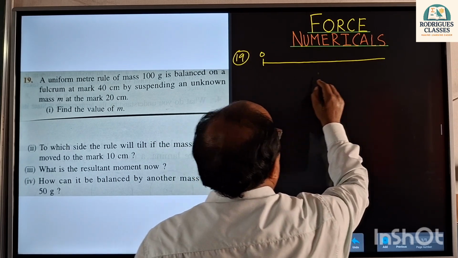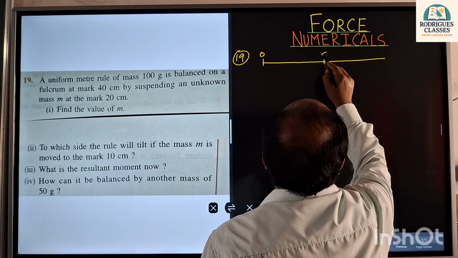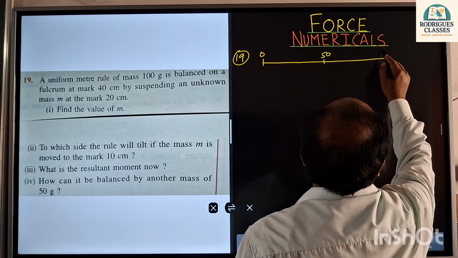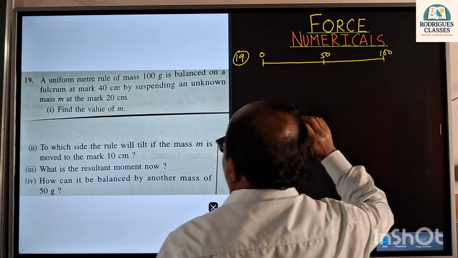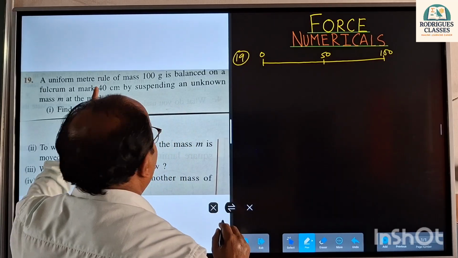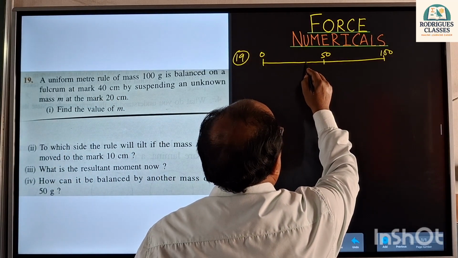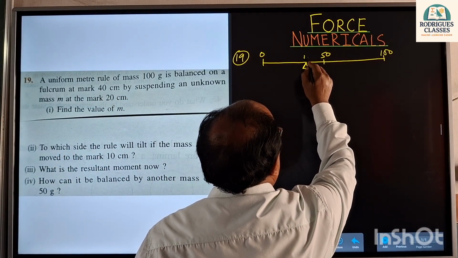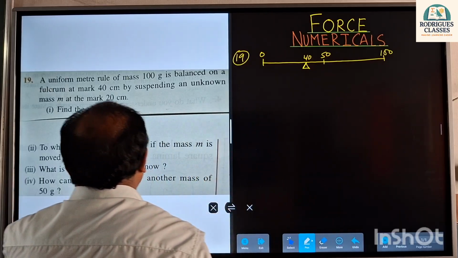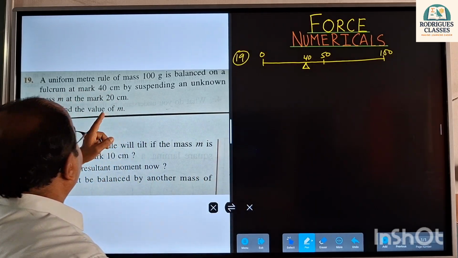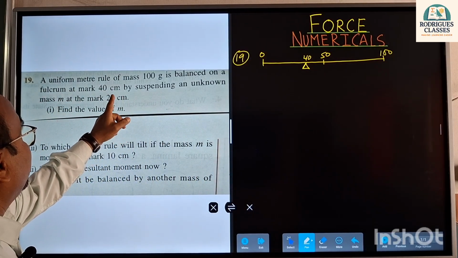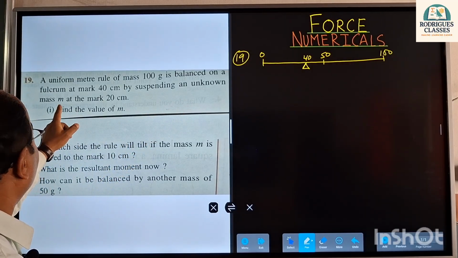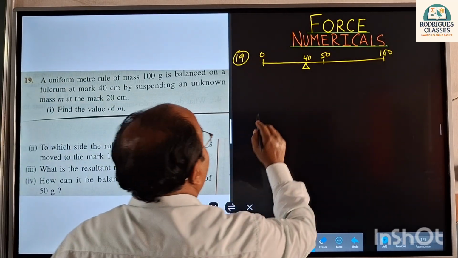0, 50 and 100 should always be marked. Now it is being balanced at 40. So this is the place at which it is balanced. Okay. And an unknown mass m is suspended at 20 centimeter.